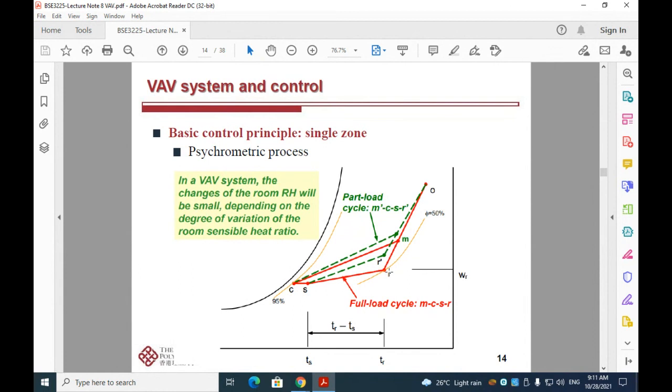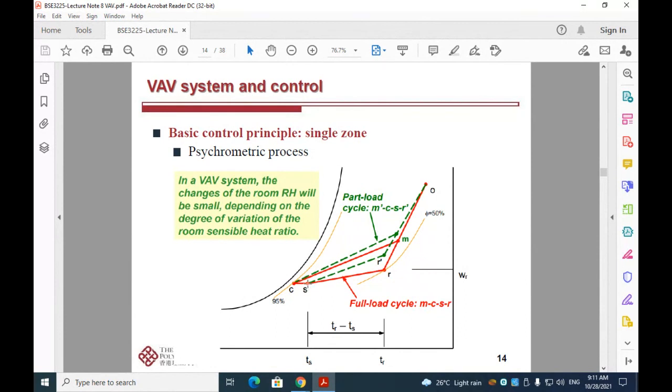When it's working under partial load, obviously, first of all, the outside air will remain the same. And then the coil and the supply air temperature will also be maintained at the same state.